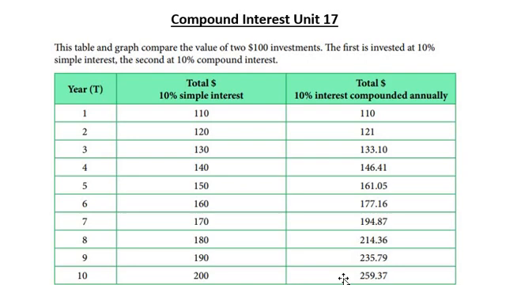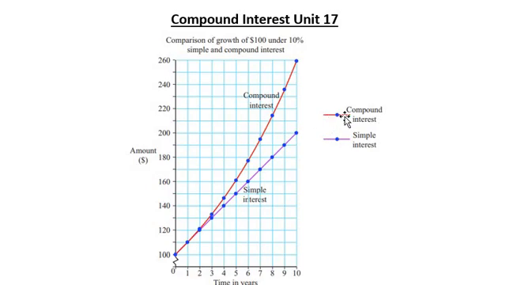And if compounded annually, after 10 years, you will have 259.37. You can see it in these charts. The compound interest increases more rapidly than the simple interest. So after 10 years, you will have more money than if you had invested it in a simple interest.